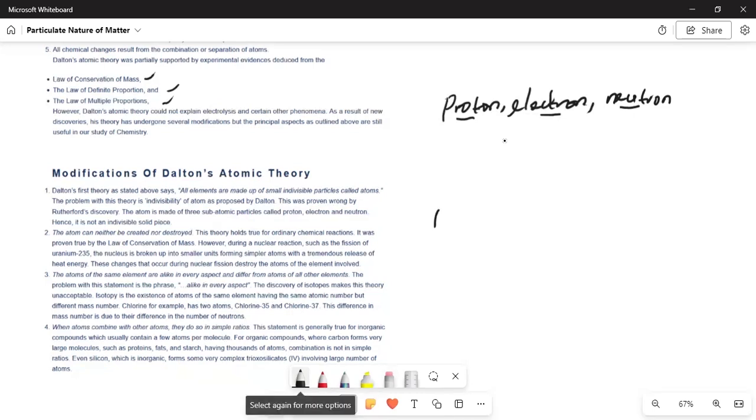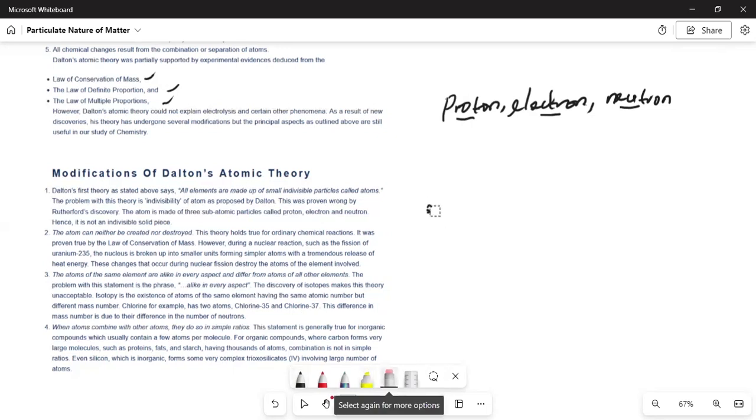So that is it for Dalton's theory and the modification of his theory. As we have it now, we cannot say that atoms are indivisible. That is number one. Dalton said that they are indivisible, but now we know that the atom is not indivisible. Also, Dalton said that atoms can neither be created nor destroyed. That is true only for simple chemical reactions.